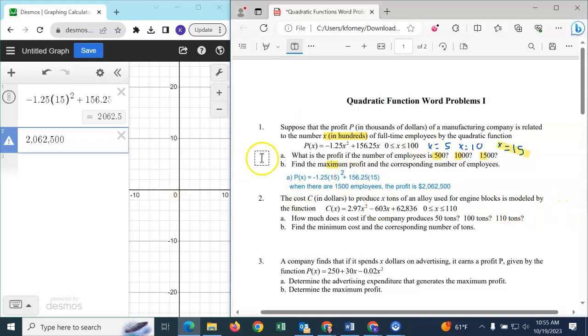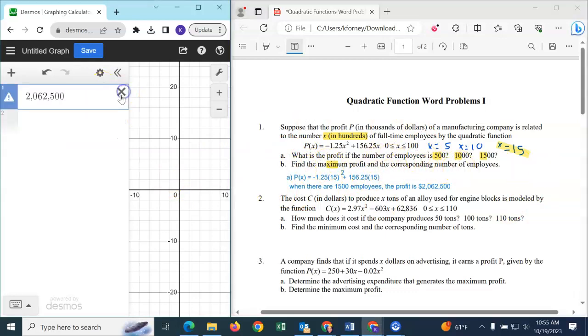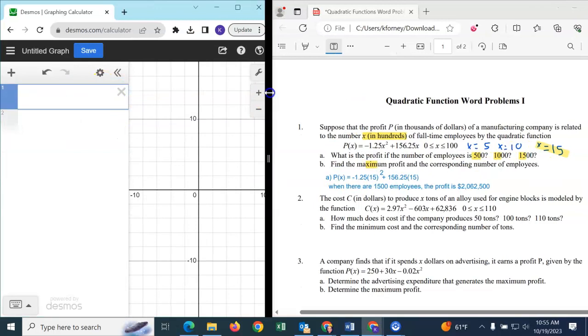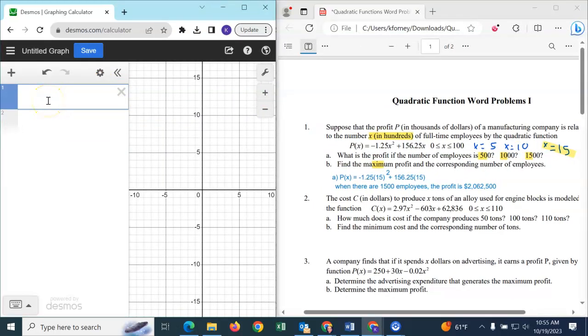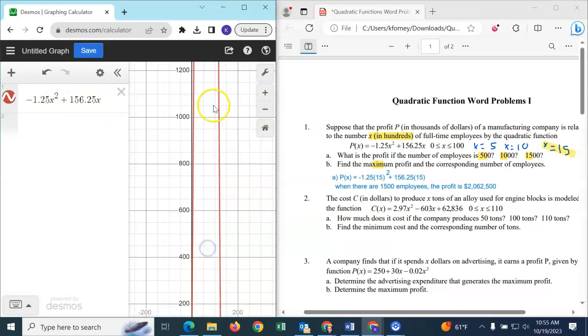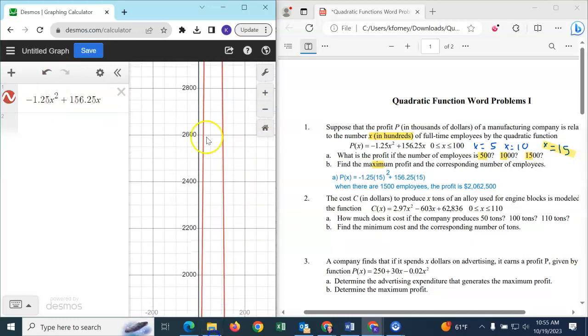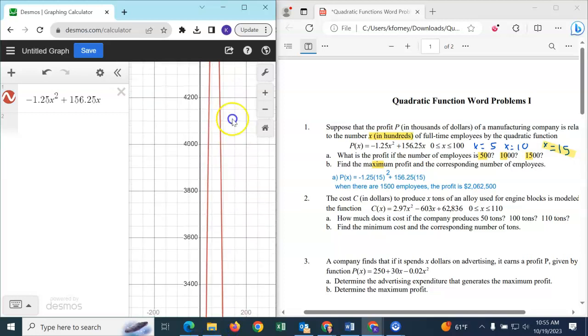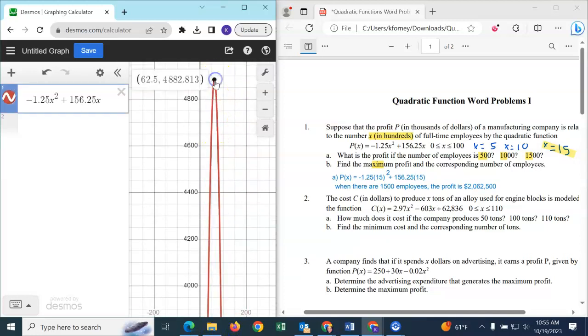Now, for the next part, it says find the maximum profit. So if we remember quadratic, if I have my quadratic negative 1¼ x squared plus 156.25x, when we have our quadratic, the maximum is called the vertex.